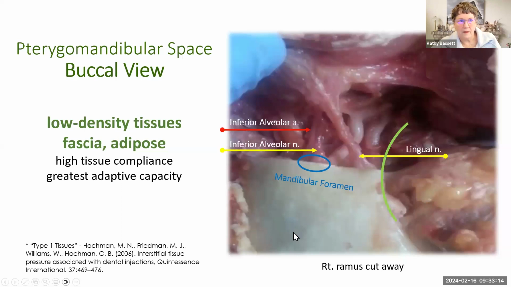So again, keep in mind, each time you see any of these pictures, look for where the mandibular foramen is targeted on the image. And then what you're going to see is it essentially always is showing up approximately half that distance.